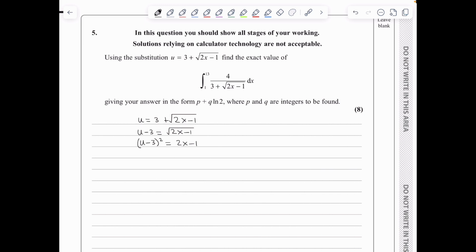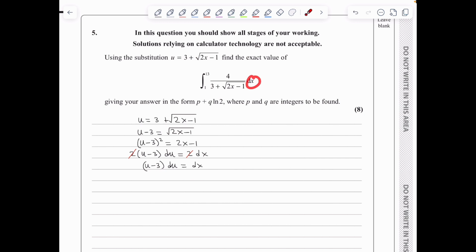I will now differentiate from left to right, so 2 times u minus 3 du is equal to 2 dx, and obviously the 2 with the 2 will cancel out, and I'm left with u minus 3 du is equal to dx. So I know what to replace dx with.